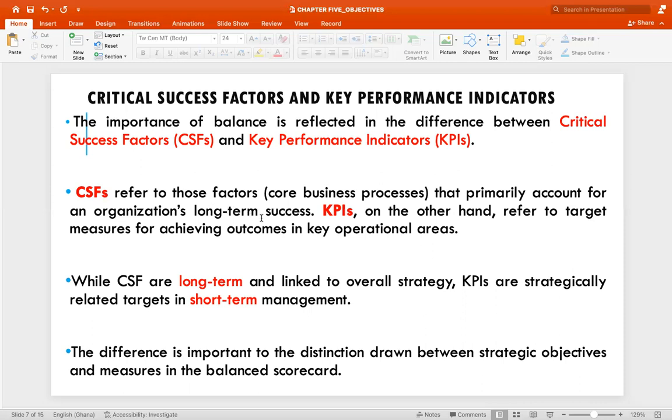So pay attention to long-term success. That is what CSFs will help you to do, okay? KPIs, key performance indicators, on the other hand, refer to target measures for achieving outcomes in key operational areas. So while CSFs aim at the long term, KPIs are interested in short-term performance targets or management, okay?